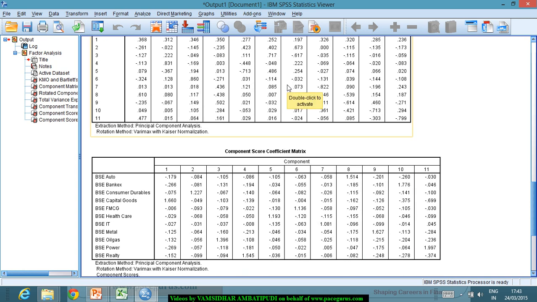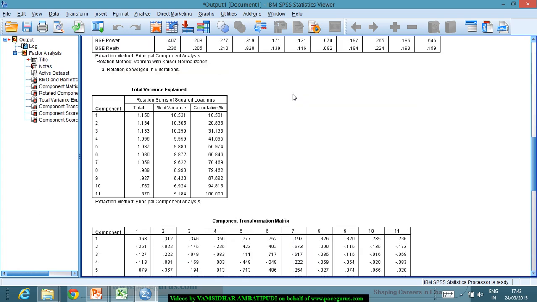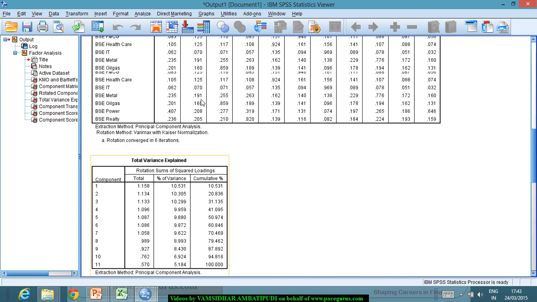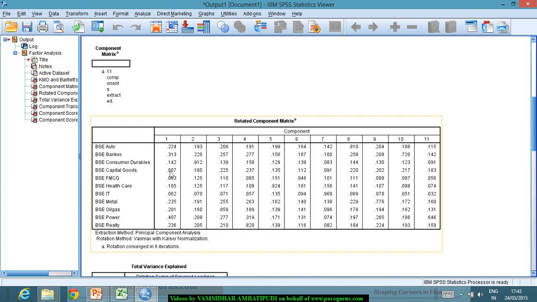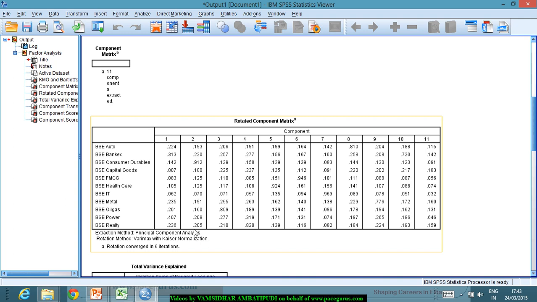Now, what can we typically do using this data? Using this rotated component matrix, these are my eigenvectors. Component 1 is like this, component 2 is like this, component 3 is like this.